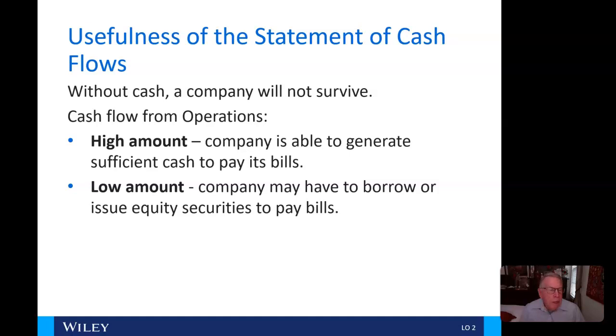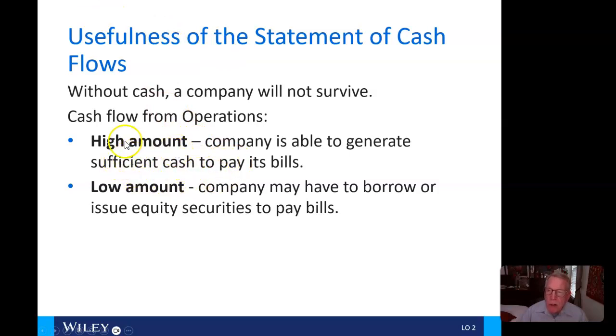But as I became even more sophisticated, I like the statement of cash flows because they tell me where the company is investing their money. Where are they spending their cash? And without cash, as it says here, a company will not survive.